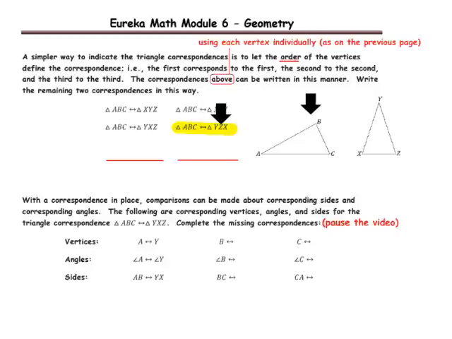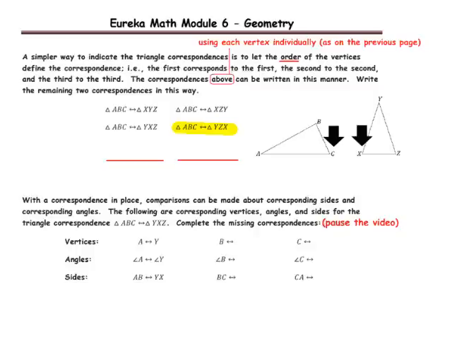So we have B corresponding to Z. And then the third letter, C, corresponds to X. So we have angle C corresponding to angle X. Now, there are two more correspondences.